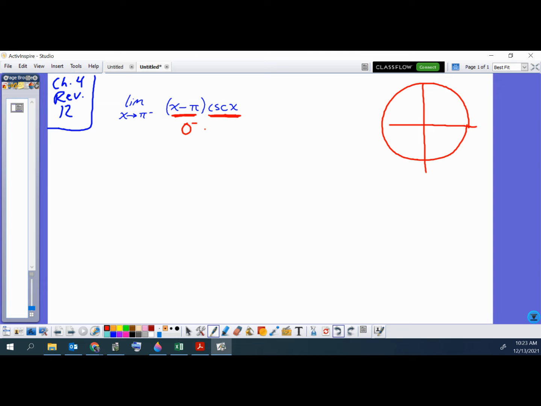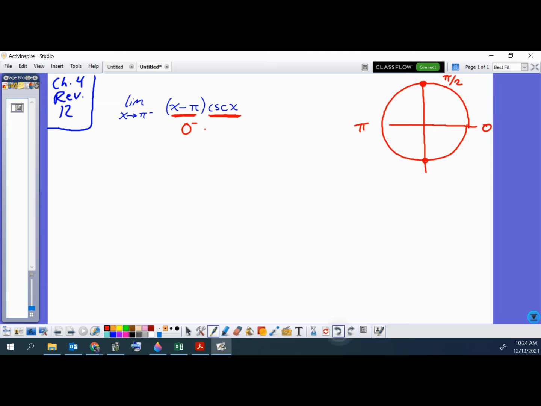Sometimes, especially if you're looking at the top or bottom of the unit circle, if you start at 0 and you're going to pi, and you're thinking about pi over 2 from the left or the right, it can be very confusing because from the left makes you want to go here, but that's actually from the right because these are the greater theta values or x values, right? From greater values. So just be careful with that.